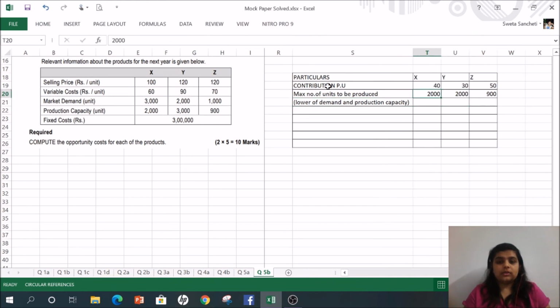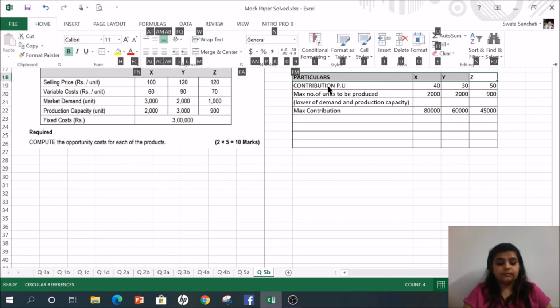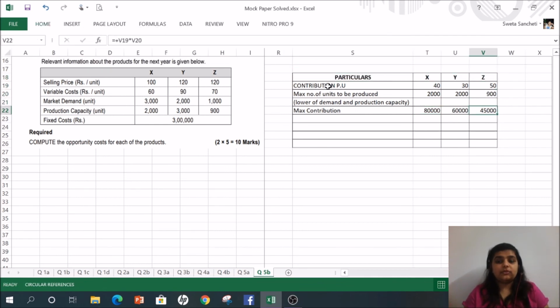So I have got these maximum number of units. So maximum contribution that I am going to earn is 40,000 into 2000, from Y 60,000 and from Z 45,000. Now this is the maximum contribution that I can earn from each of this.